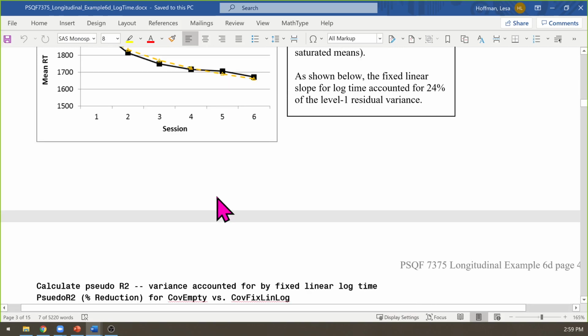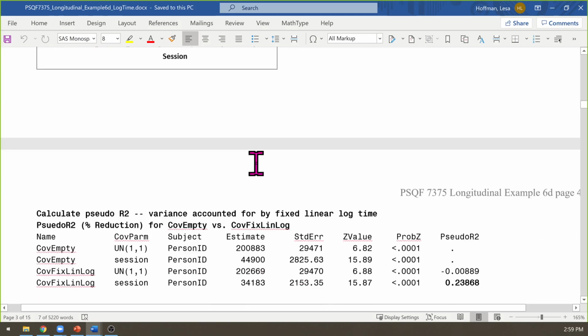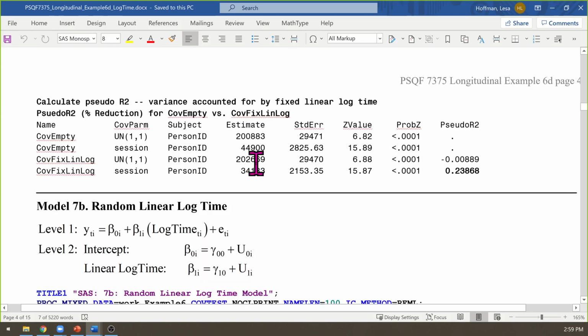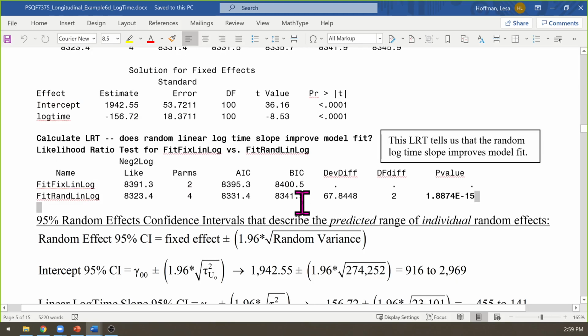This model says that everybody follows the same shape. It's a parallel lines model, so we can add a random effect, same as usual. So adding in a random effect of log time, seeing if that fits better. Log likelihood ratio test and the usual suspects. So scrolling, scrolling, scrolling. Here's my likelihood ratio test for that. Yes, indeed, it does fit better.